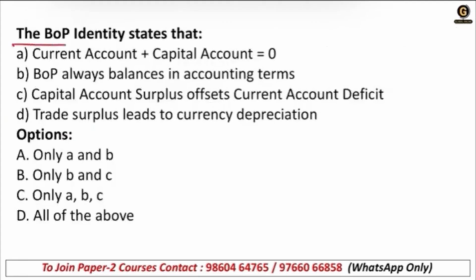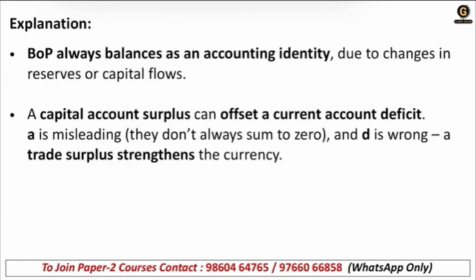The BOP identity states that current account plus capital account is equal to 0. BOP always balances in accounting terms. Capital account surplus offsets current account deficit, or trade surplus leads to currency depreciation. Right answer is option B and C. See, BOP always balances in accounting identity.